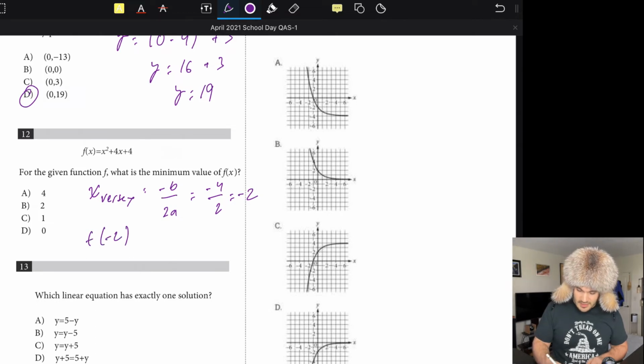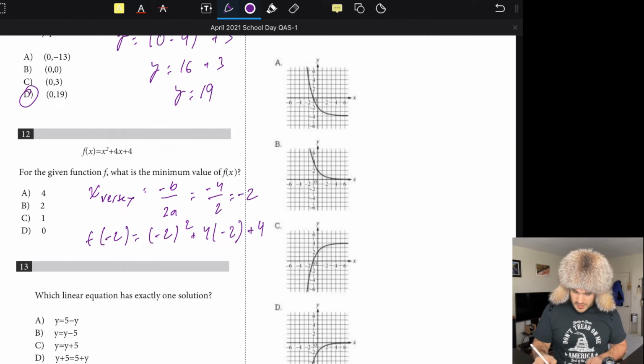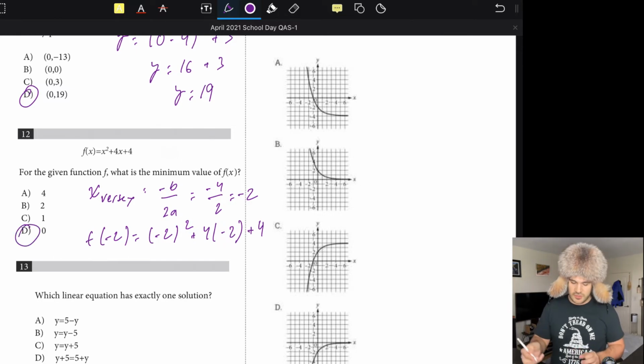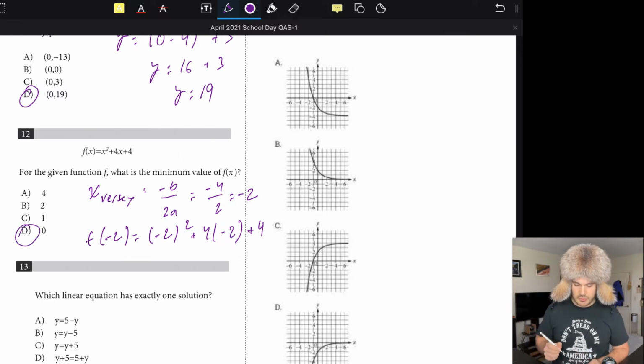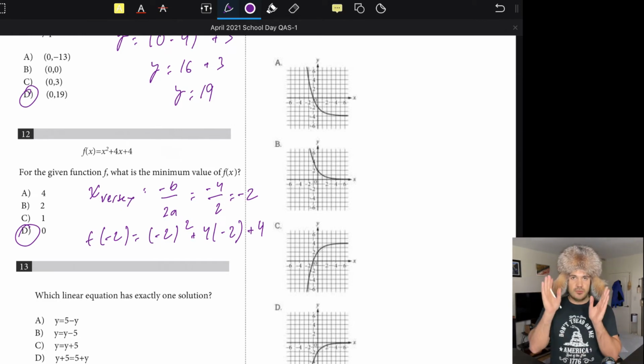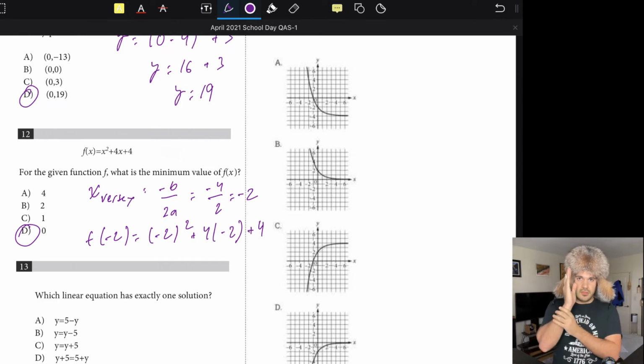So we're going to say that f of negative 2 equals negative 2 squared plus 4 times negative 2 plus 4, which gives us 4 minus 8 plus 4, which is 0. So that's going to be 0. Otherwise, you could have also factored it and gotten the two zeros of the function and looked at the middle value, and it would have been the same.